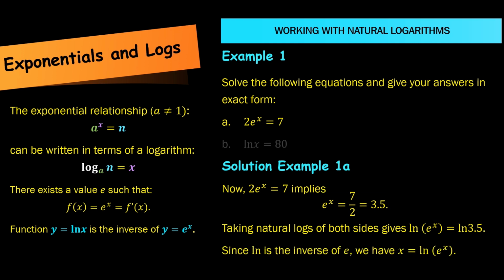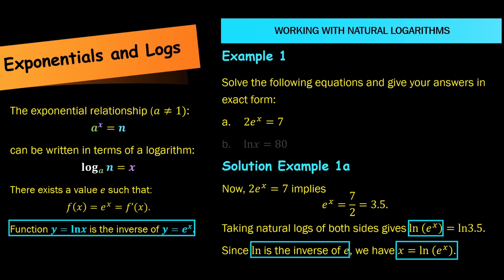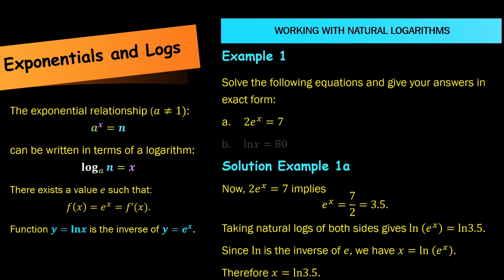Now, since the natural log is the inverse of e, we have x equals the natural log of e to the power x. And therefore, x is equal to the natural log of 3.5.